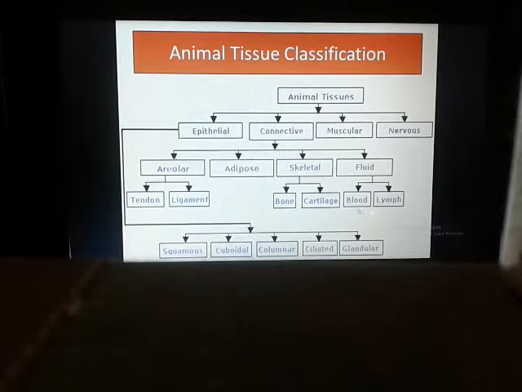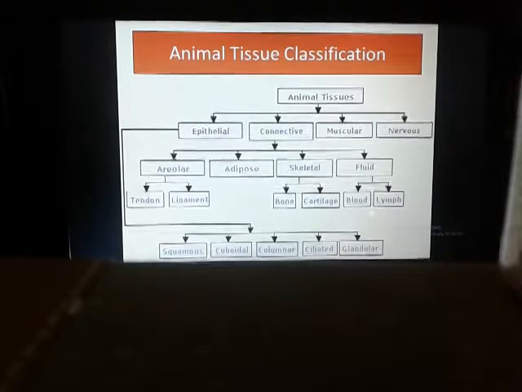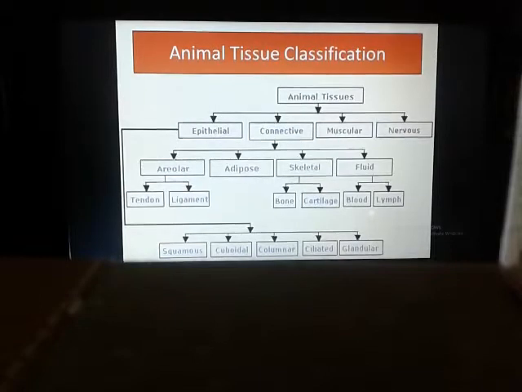And fluid tissues are classified into 2 categories: blood and lymph. So this is vast, and only a little portion is in our syllabus, so we will discuss only those portions.